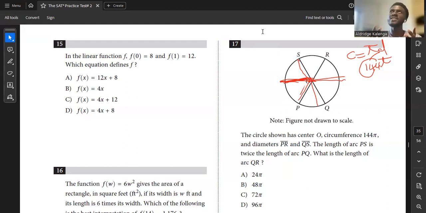By the way, radius is half the diameter, right? So if our diameter is 144, it means our radius is 72. Let's think of it this way, if this helps people.